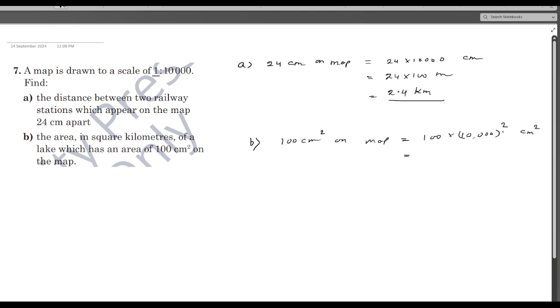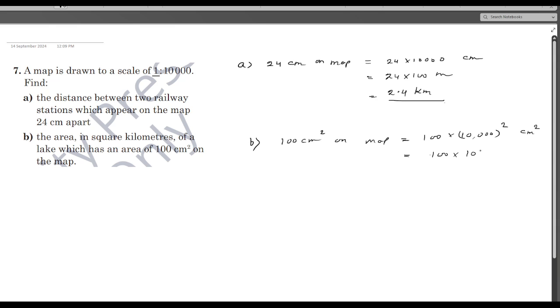So from centimeter, if I want to convert in kilometer, what I do, I divide it by, say this is 100 times, this is 10 power 4.